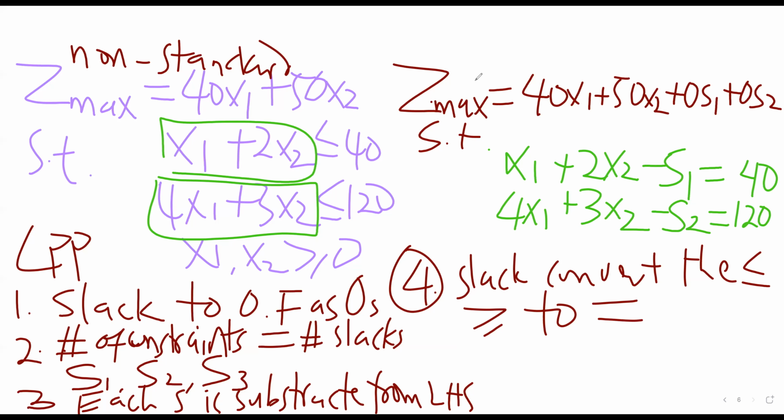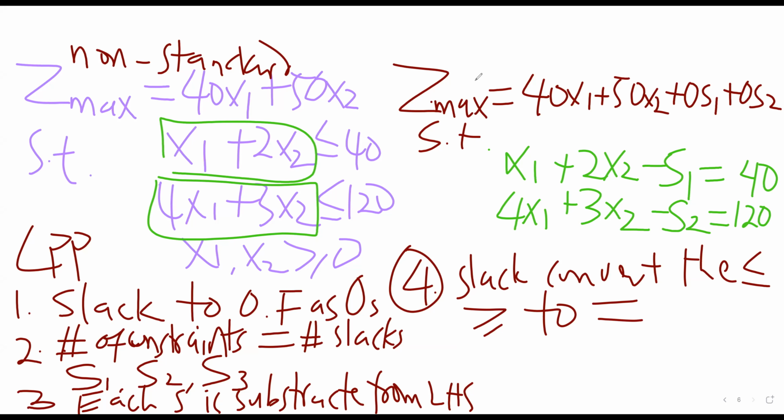What it means is that each constraint gets a slack. The number of constraints will equal the number of slacks. When you are done, there's one more constraint you don't want to joke with, and that is the non-negativity constraint. But this time, because of the slack, you have to add that.